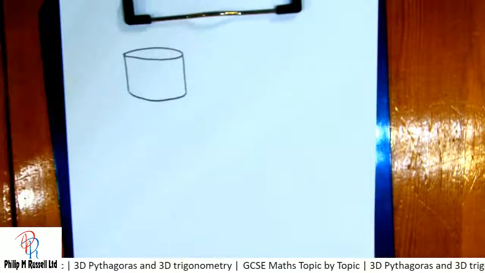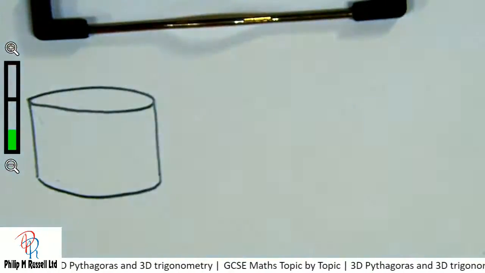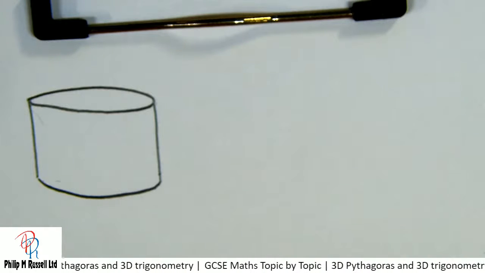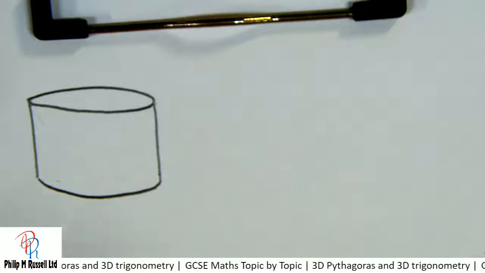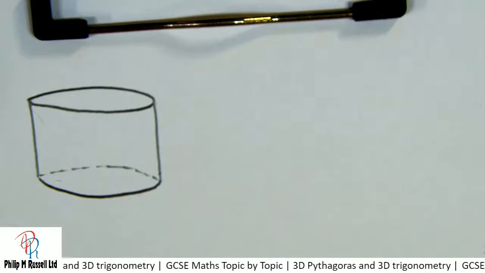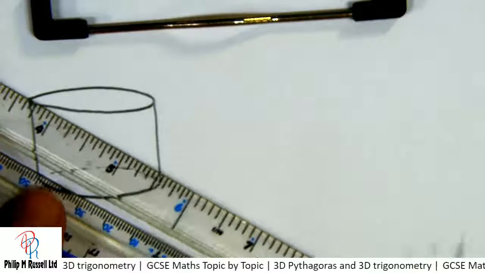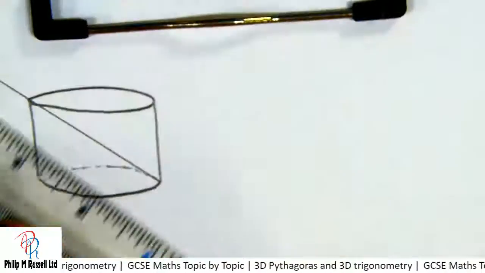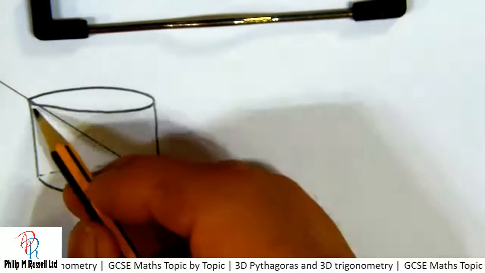Let's zoom in. Right, I've got myself a cylinder, and what do we know about this cylinder? Well, let's imagine it's full of water and somebody has gone in and put in something like a stick in there, and they want to know the distance from one side to the other.